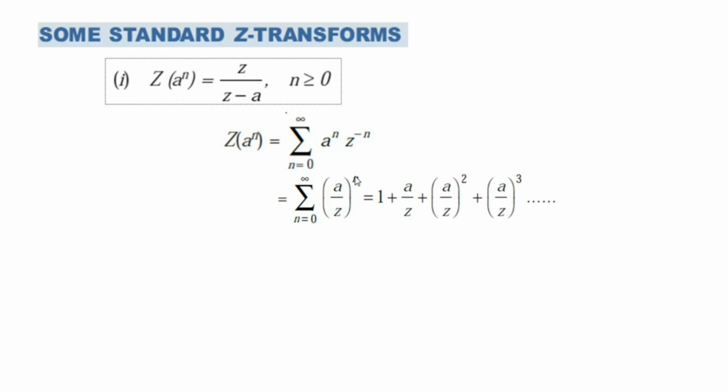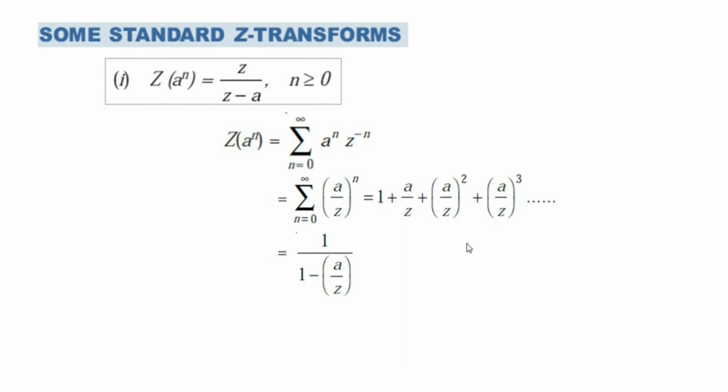Now expand this series. When n = 0, (a/z)^0 is 1. When n = 1, we have the second term a/z. When n = 2, we have the third term (a/z)^2. When n = 3, we have (a/z)^3 and so on. One can observe that it is a sum of infinite terms of a geometric progression.